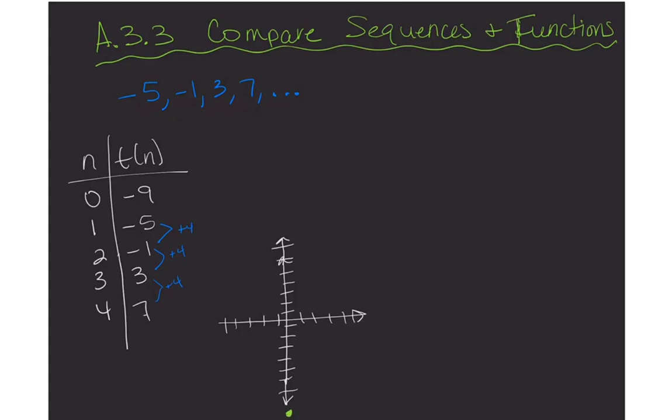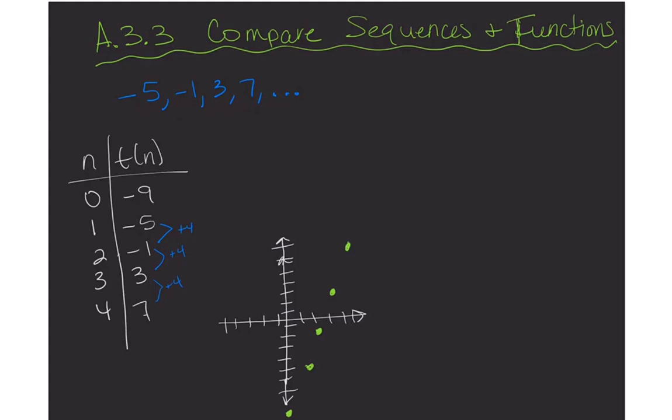Then 1, -5, so over 1 and down 5. 2 is at -1, I apologize, 2, -1. At 3, I'm at 3, and at 4, I'm at 7.